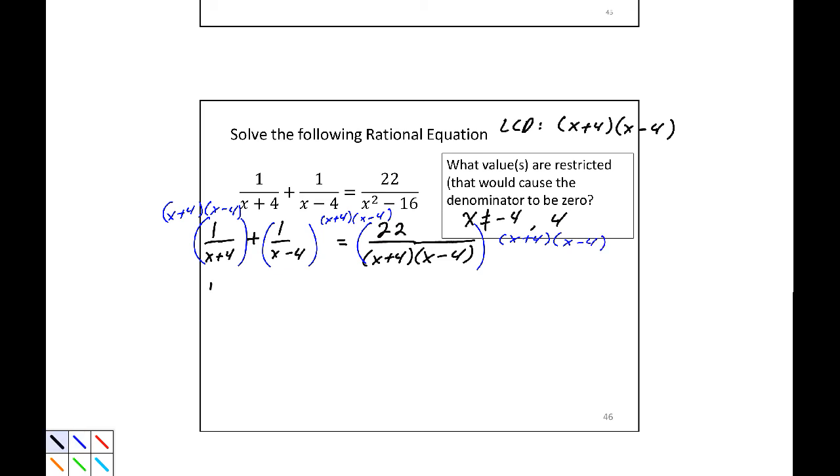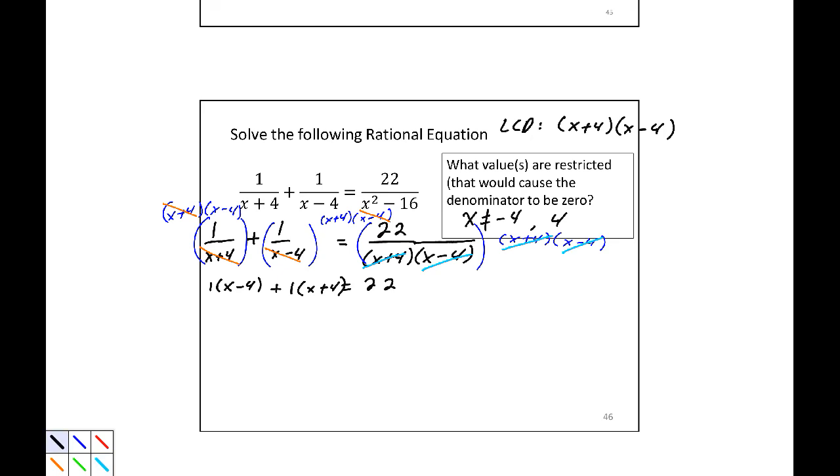We have 1 times x minus 4 plus 1 times x plus 4, because again, these two factors cancel. These two cancel as well. Equals 22, because everything cancels there.